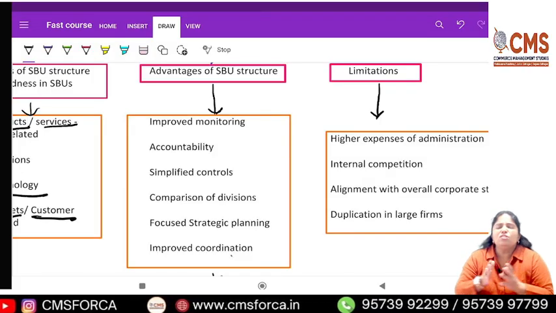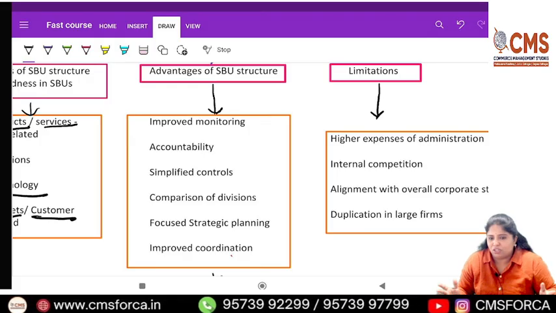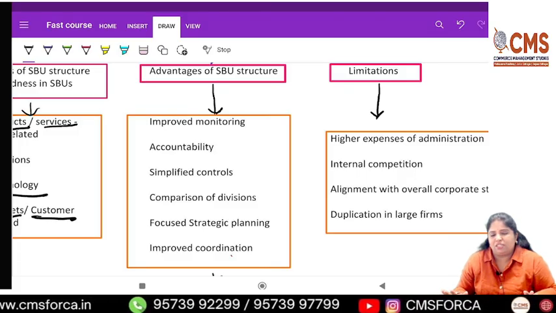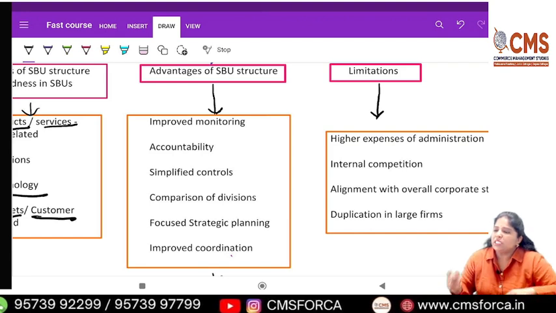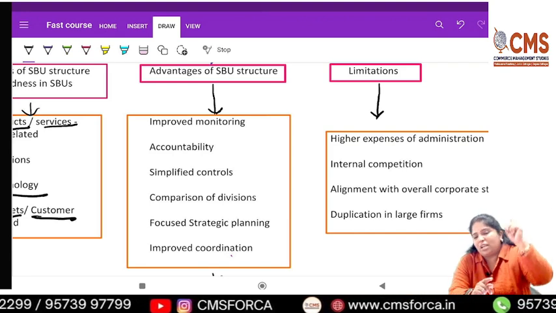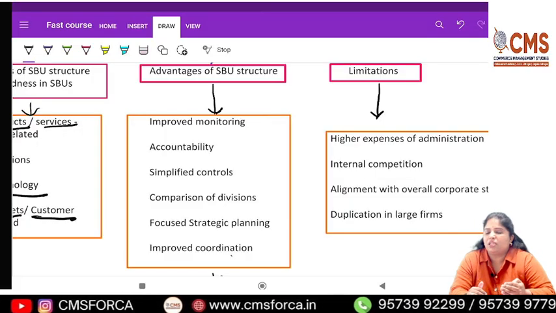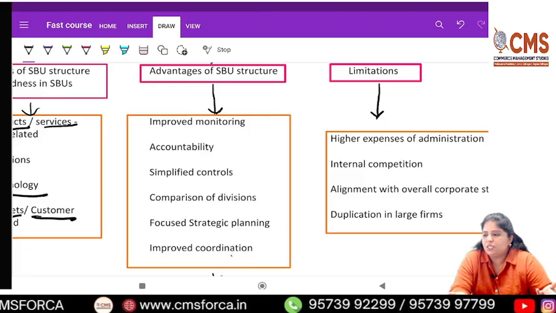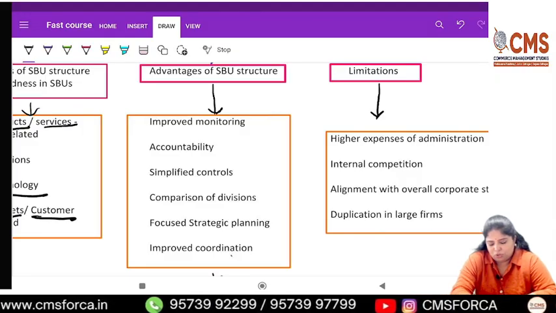The controls are not too widespread, not too large, they are simplified controls, because complete control lies with corporate headquarters, and at the next level of hierarchy you have SBU managers. So controls are not too many, simplified controls.